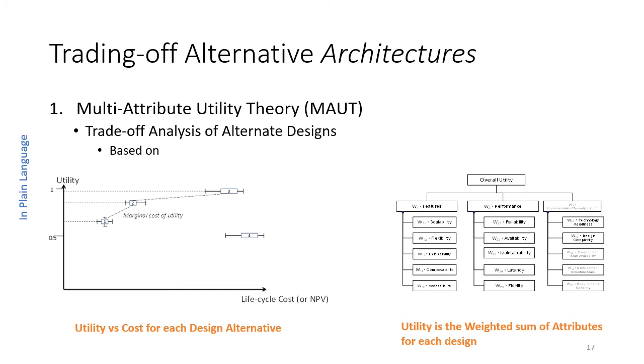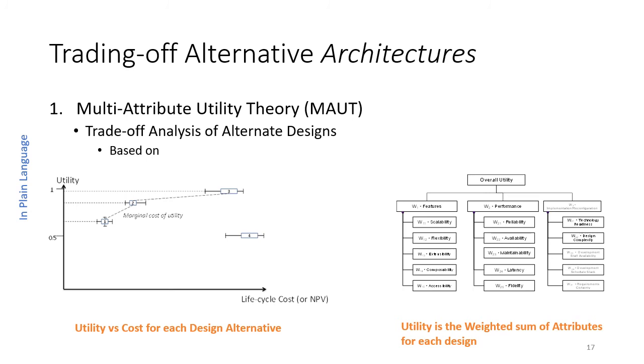So architecture alternatives 1, 2, and 3 have the highest utility with increasing life cycle costs. Architecture 2 has better utility than 1 but costs more. And architecture 3 has better utility than 2 but costs even more. So you can see how architecture designs 1, 2, and 3 create a Pareto frontier.